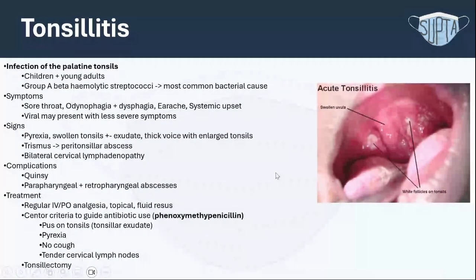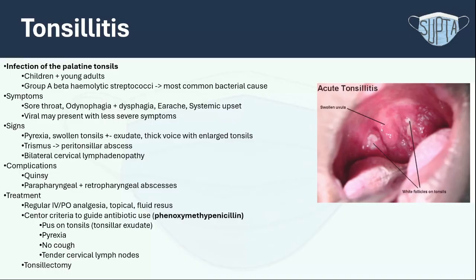And this is important for things like tonsillitis, which is an infection of the palatine tonsils, and it's mostly driven by group A beta hemolytic streptococci, which is the most common bacterial cause. And then symptoms would be sore throat, odynophagia, dysphagia, earache because of the referred pain from the glossopharyngeal nerve, systemic upset, and if it's a viral-driven cause, it may present with much less severe symptoms.